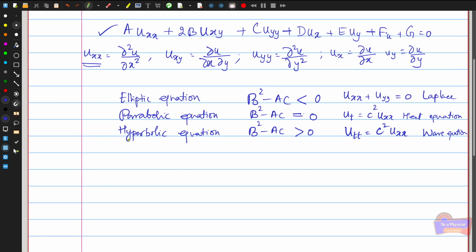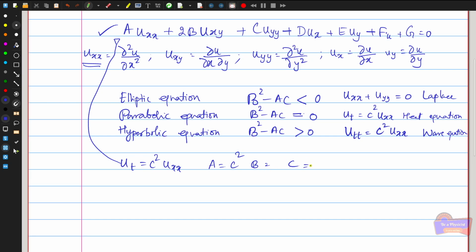consider the parabolic equation, that means u t equal to c squared of u xx. Suppose you consider this, you just find the coefficients of all these variables, a, b and c. If you directly compare this equation to the general equation, you can see that a is nothing but c squared here, and the coefficients of u xy and u yy are not available.